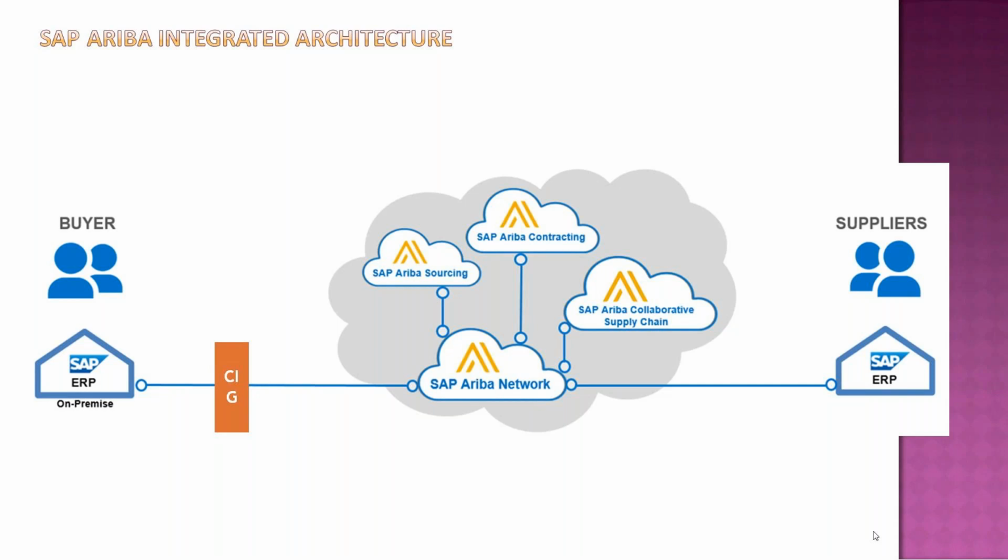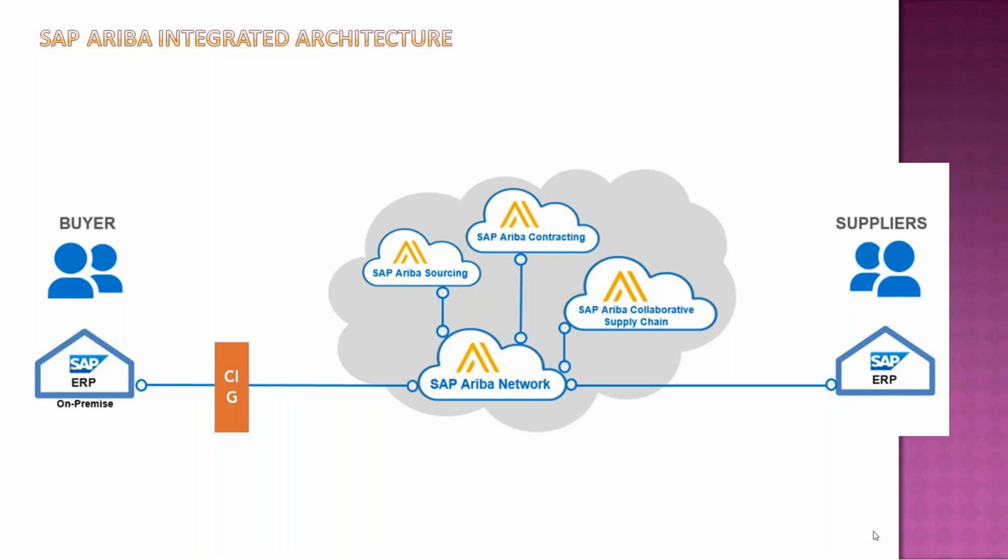But as an Ariba consultant, you should know what the integration points are that we need to configure, and if any issue comes during or after integration, how we can get that information and identify those gaps. At least you should know that.